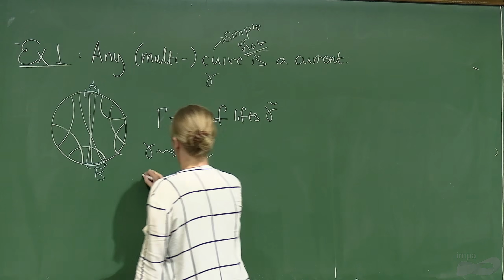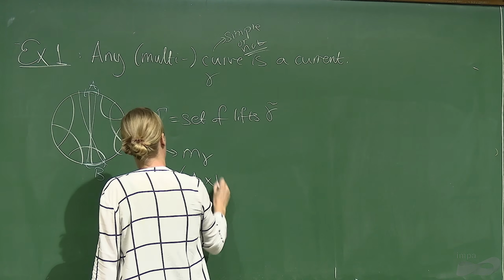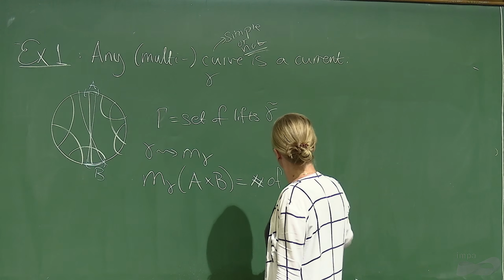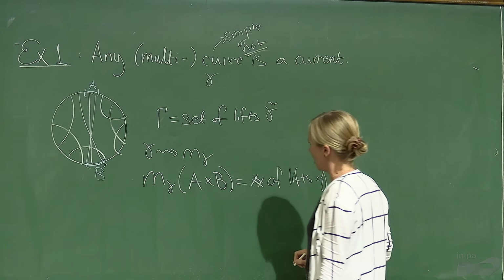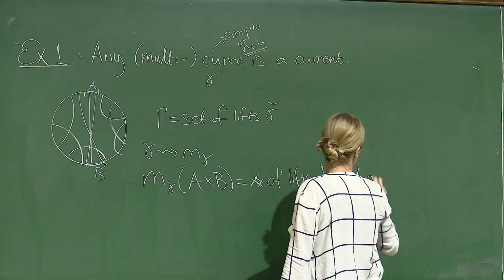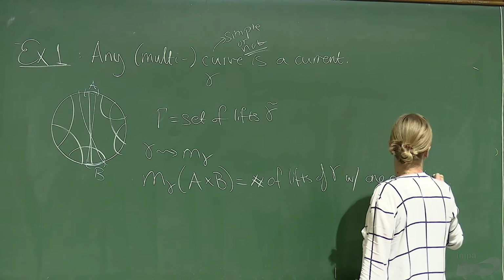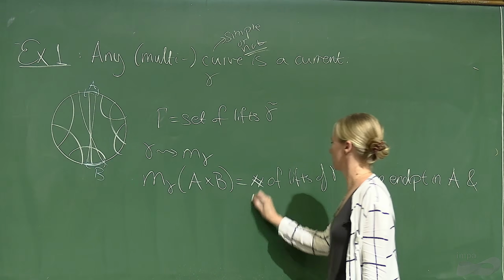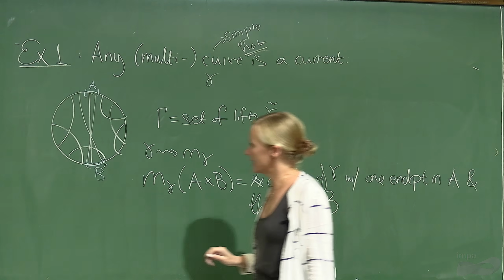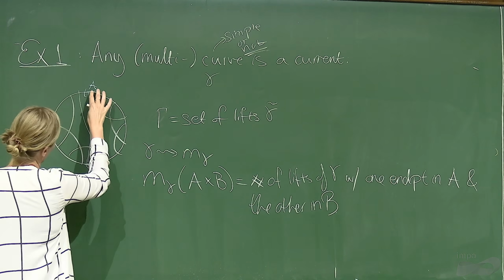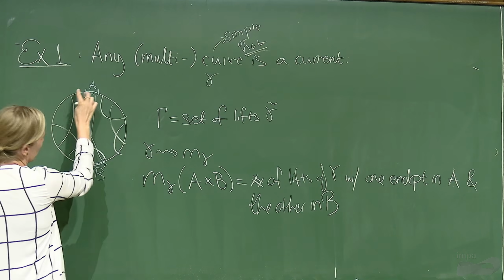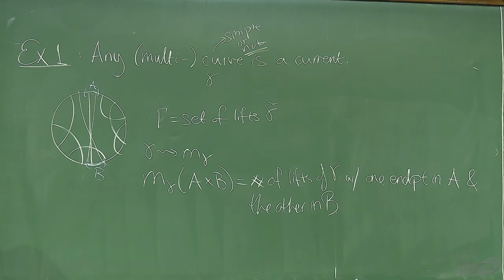I'm just going to define it as follows: the measure it assigns to A cross B is just the number of lifts of my curve with one endpoint in A and the other one in B. So it's a counting measure. In this case, the way I drew it, it's 2. These ones land in here. This one starts in B but lands outside A, so I don't count it. So it's really just a counting measure.